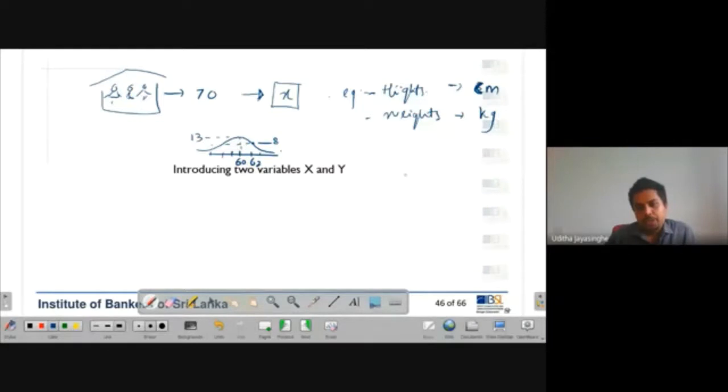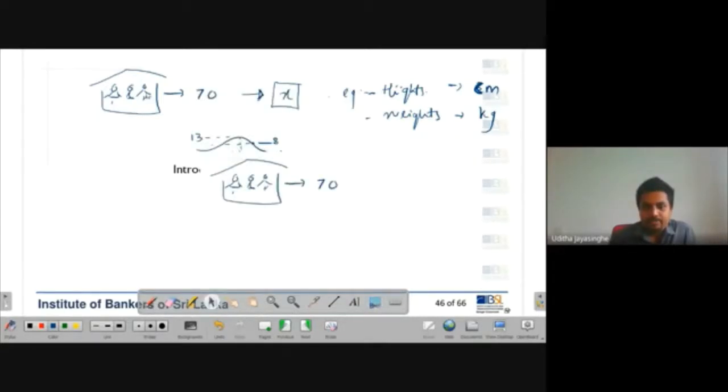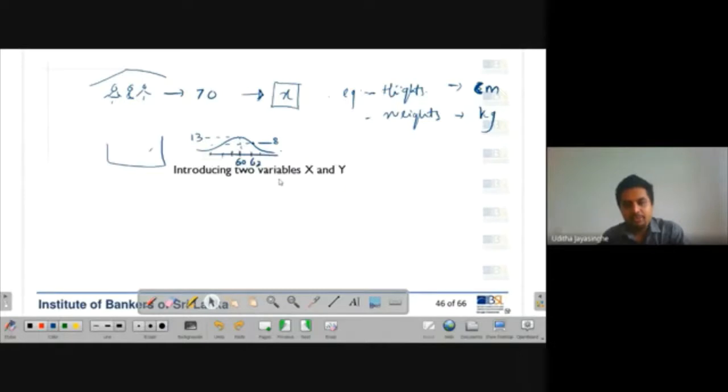Now, once you introduce two variables, what is going to happen? This entire classroom, this 70, is going to be the same. Absolutely, there is no difference from what we have discussed so far. But for these same 70 students, now we are going to bring in two variables.